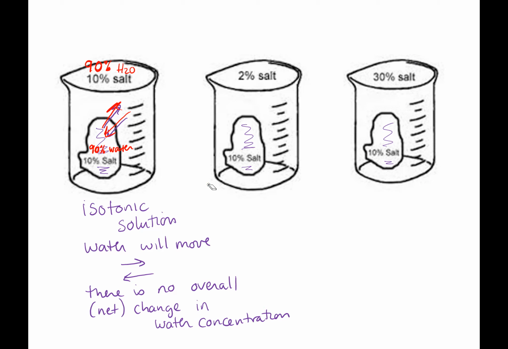Compared to this example, we have 2% salt versus 10% salt. So this is a hypotonic solution compared to the cell. So which way will water move? Well, let's figure out where water is at the highest concentration.